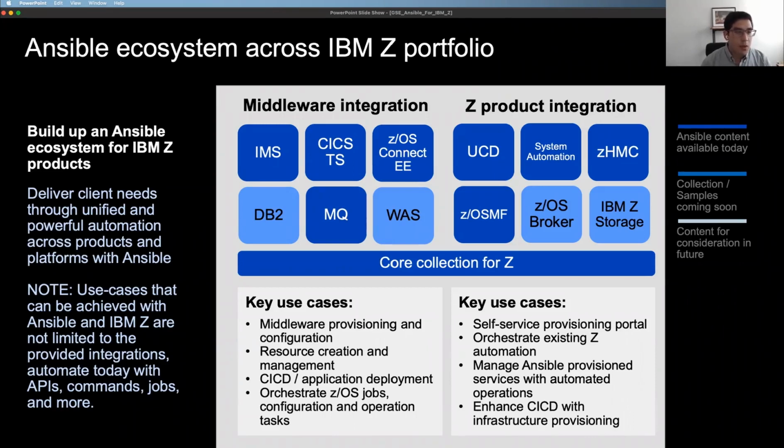So that opens up a whole lot of possibilities, even if you don't see a specific collection available. That's the same approach that we've taken with DB2 or WAS Liberty or z/OS Connect, right? A lot of that is very USS based. So we're already able to cover a lot of use cases there with the collections that we have today.